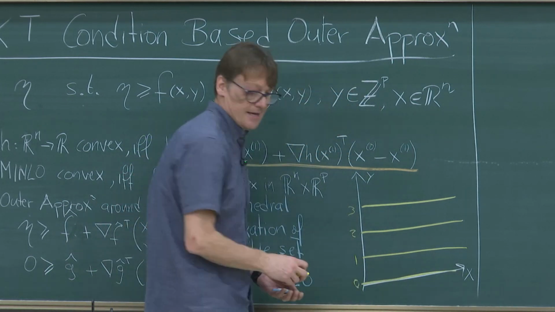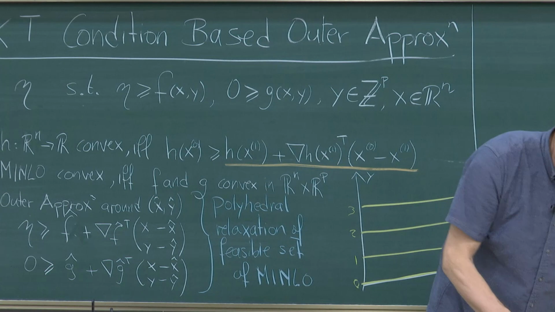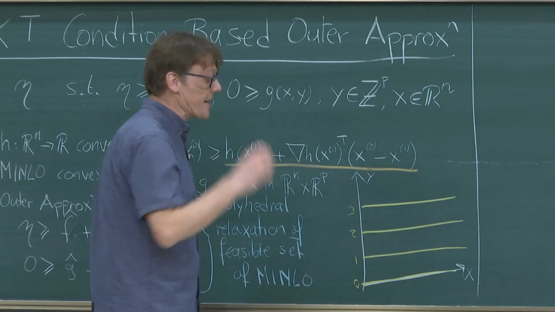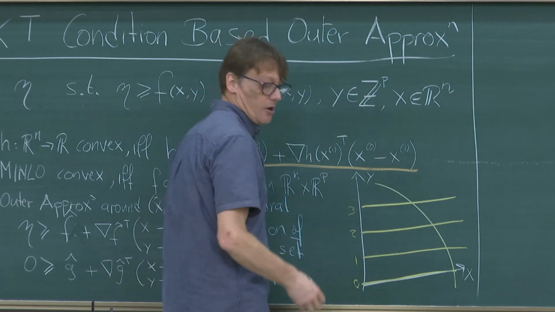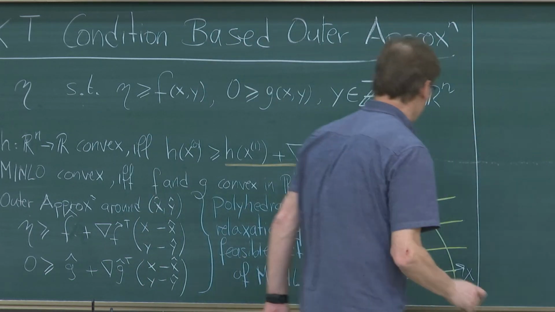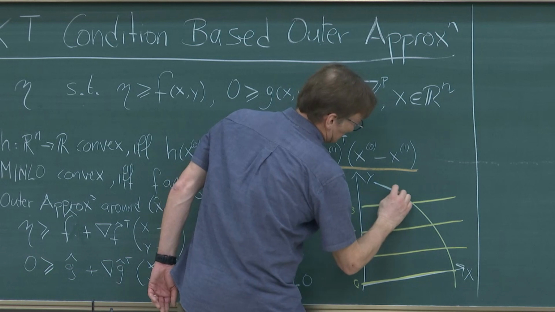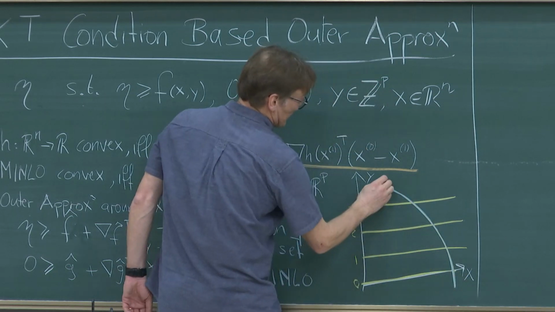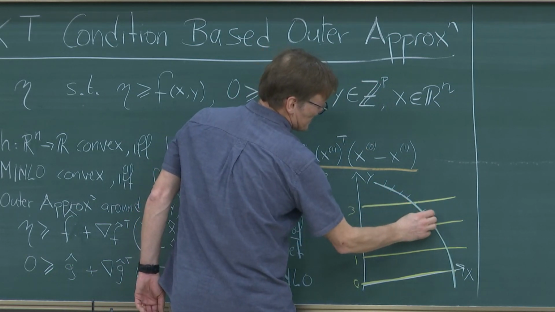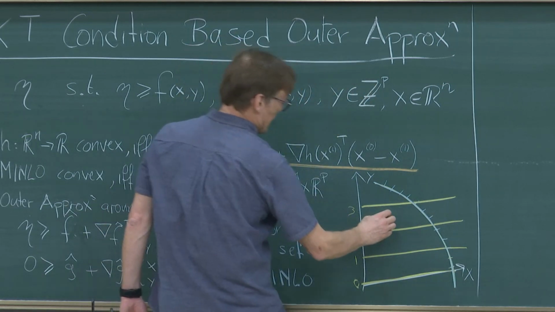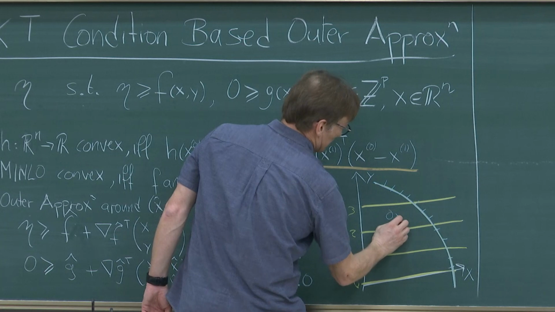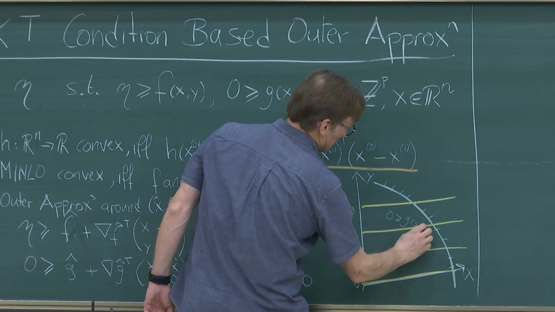Then I can have a nonlinear constraint, an inequality constraint. In this region here, we have 0 greater or equal to g of x and y.